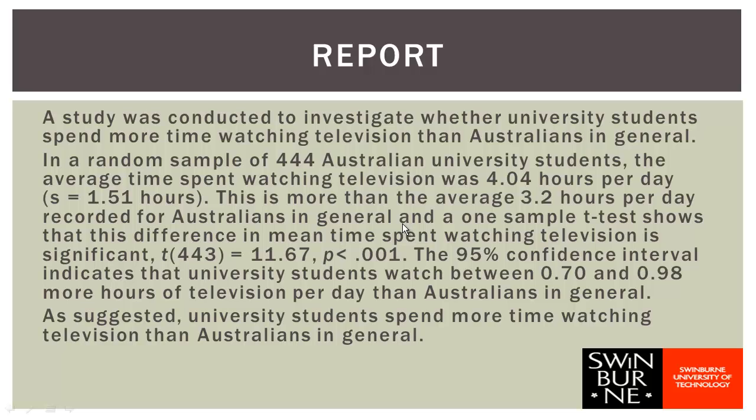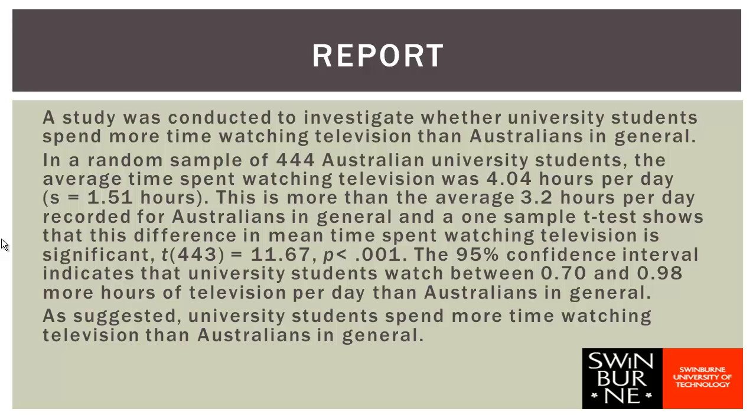So next we'll mention what kind of a test we used, a one-sample t-test, and we report the result of that significance test, that this difference in mean time spent watching television is significant, and it's really important that we state explicitly that the difference was statistically significant. And we back that up with the appropriate statistics, the t-value, degrees of freedom, and p-value.